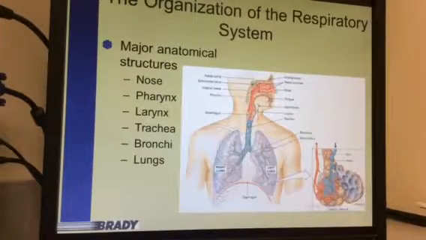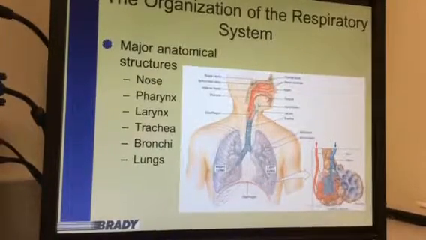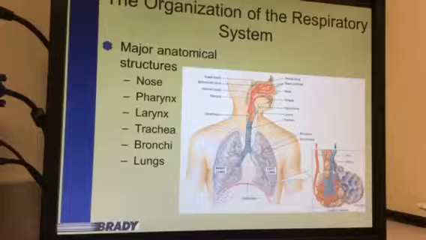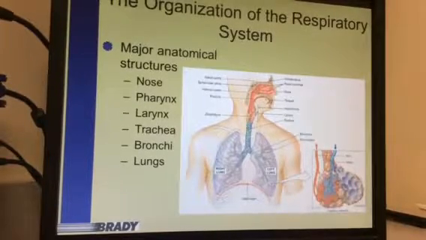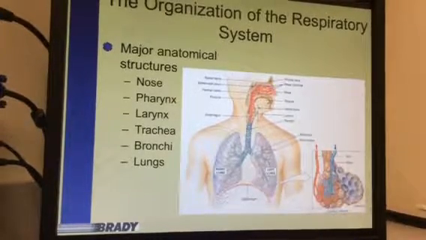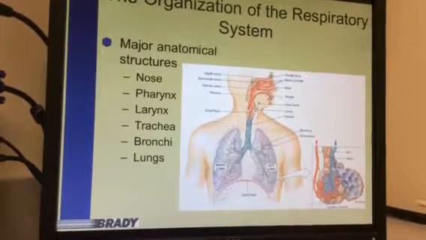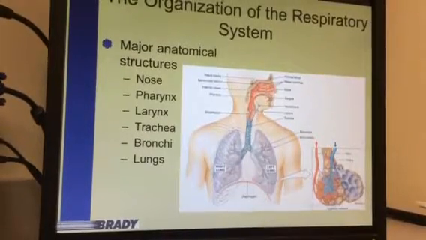Once in the lungs, this is going to go down even smaller from bronchioles to an area where we get into these alveoli, or these grape-like sacs, which have this massive capillary network around them, and that's where gas exchange occurs, oxygen for CO2. So that's really our setup in here.